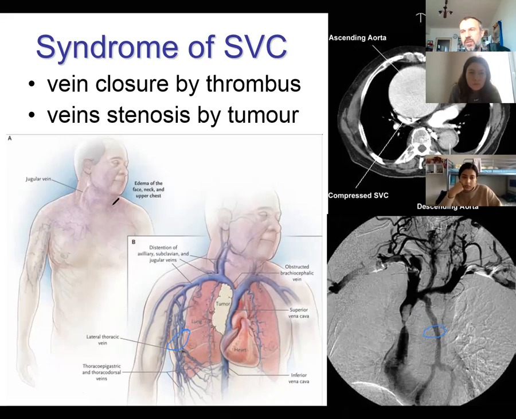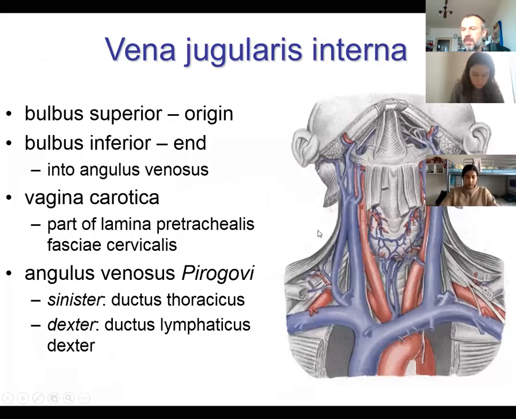That there's a stasis of the blood. The patient is a bit violet, and we can see the venous stars under the skin. Yeah, so that's the syndrome of the superior vena cava, either blocked outside by a tumor or aneurysm, or inside by a thrombus.